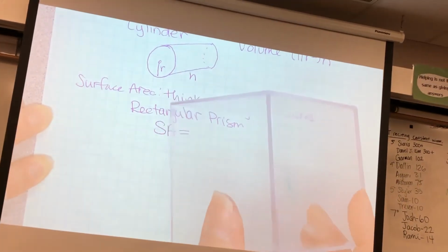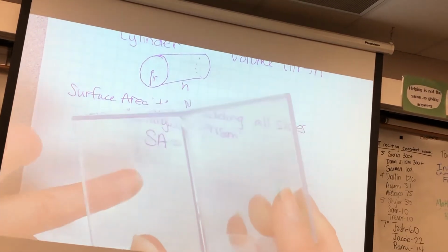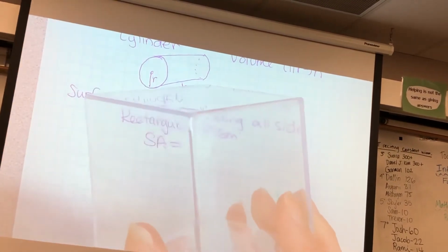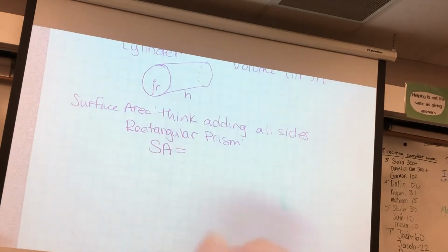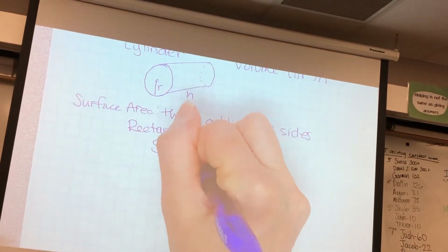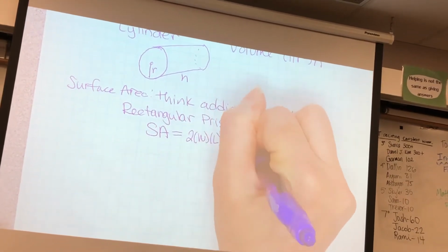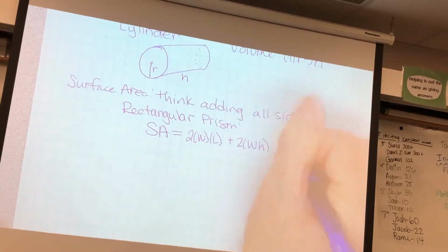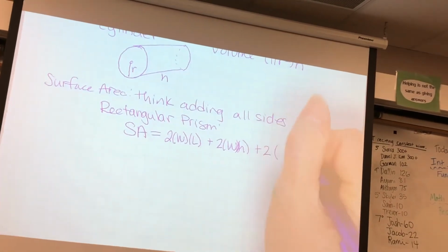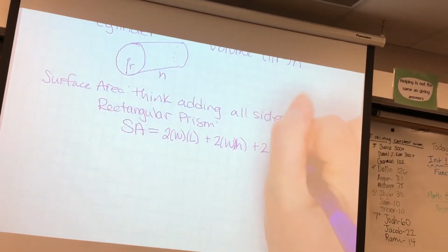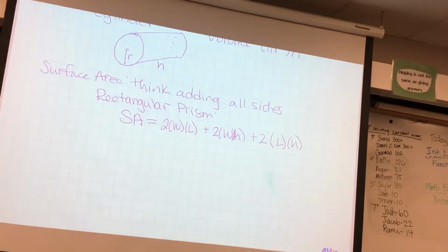Let's think about if this was rectangular. Well, I kind of have a matching side on the top and the bottom, the left and the right, this side and this side. So I kind of have sets of matching sides. So I kind of have 2 times the width times the length. Kind of think of all the combinations we can do. Be consistent here. And the last one we haven't done is the length times the height. So if I kind of take 2 of each of those and add it up, I get the surface area.